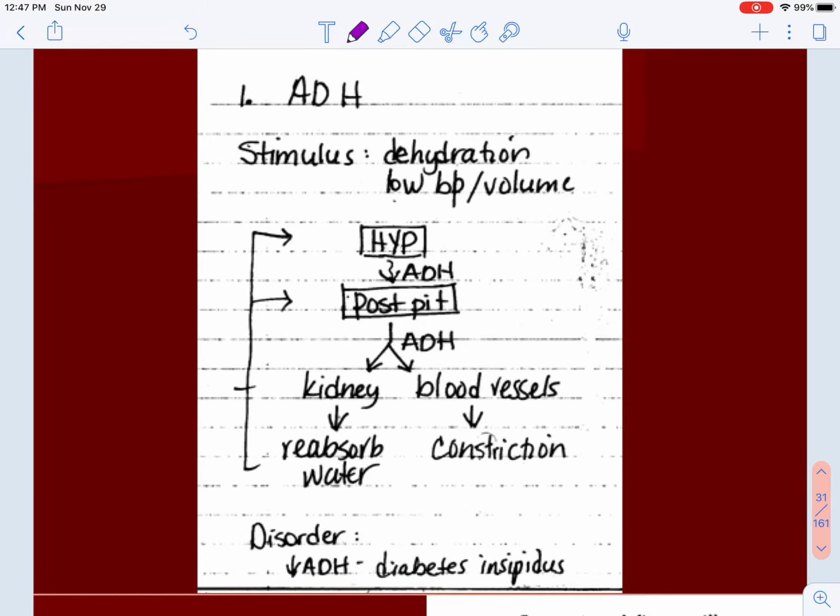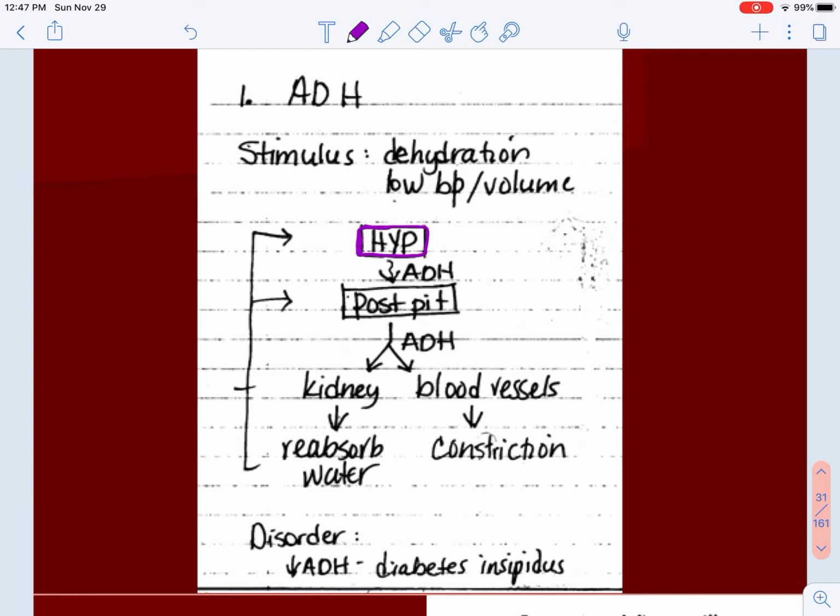This will be really an important thing to do, is to write them all out, because it does very much help you to memorize and remember all the parts of the feedback loops. So this is your first one that you want to write down. The stimulus is dehydration and low blood pressure and low blood volume, which will cause the hypothalamus to release that.